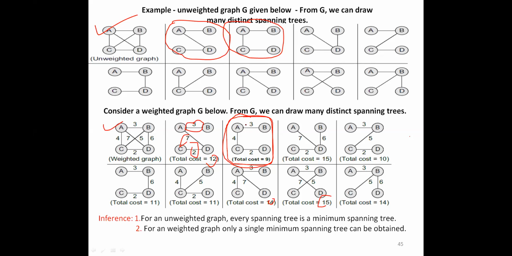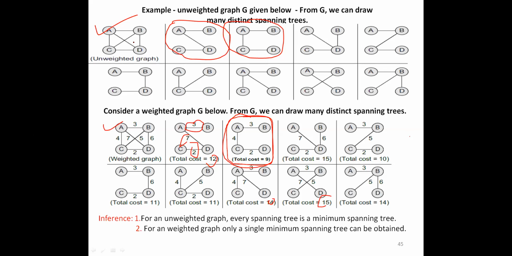a total cost of 9. So it is the lowest cost when compared to the other spanning trees. This tree I can say is the minimum spanning tree. In the case of a weighted graph, you can have only one minimum spanning tree.